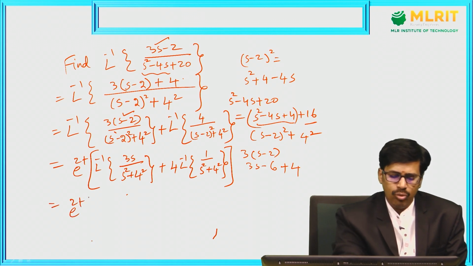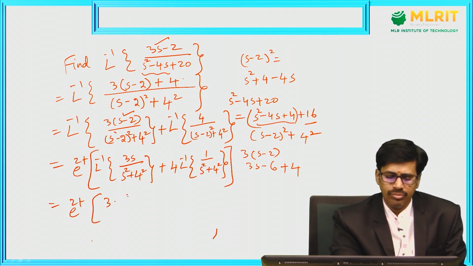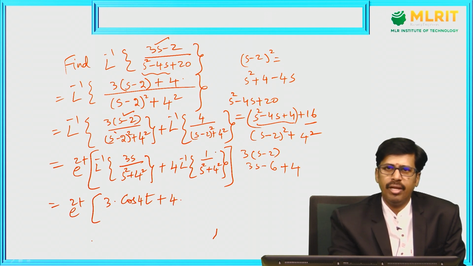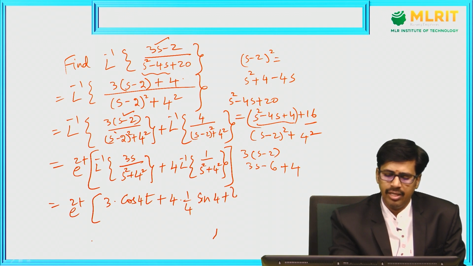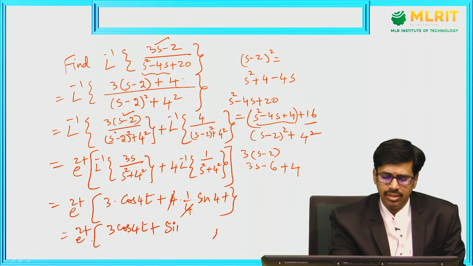So, e^2t into 3, write it outside, L inverse of s by (s² + 4²), that can be written as cos at, a means 4 here, plus 4 into 1 by (s² + a²), 1 by a sin at. So, 4 and 4 get cancelled: e^2t into (3 cos 4t + sin 4t).